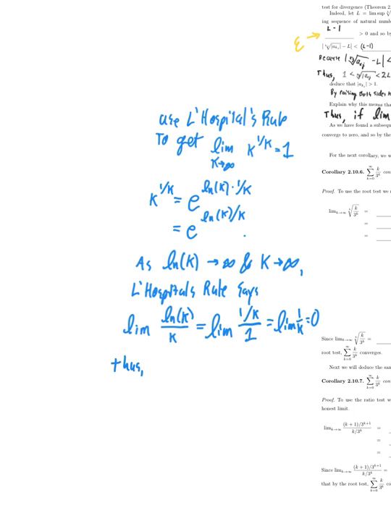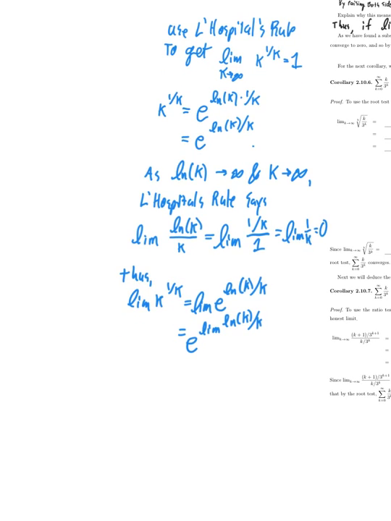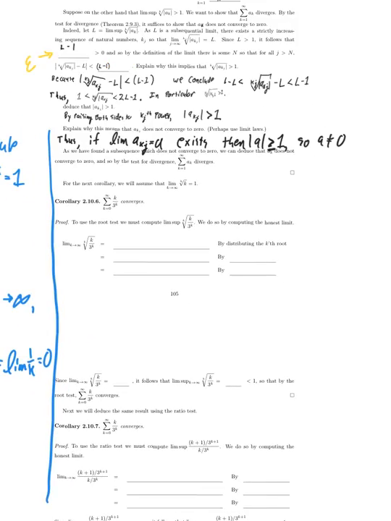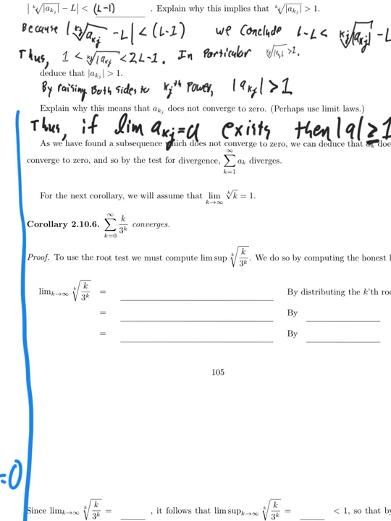Thus, the limit of k to the 1 over k is equal to the limit of e to the ln of k divided by k, which is equal to e to the limit of ln of k divided by k by continuity, which is something that we will talk about, is equal to e to the 0, which is 1. So there's why. That's not content associated with the class, but it's something that's good to remember, though. You already knew it from Calc 2.